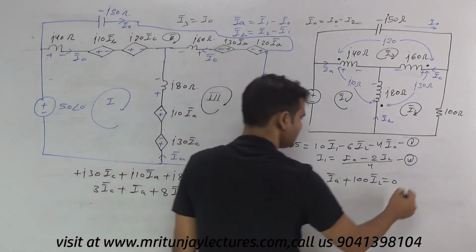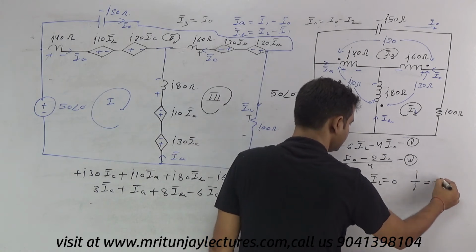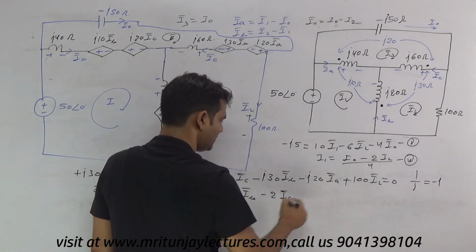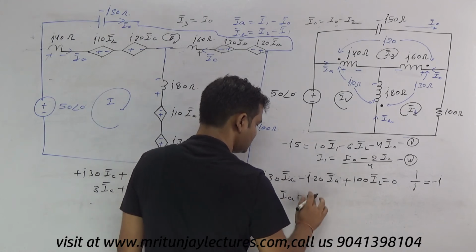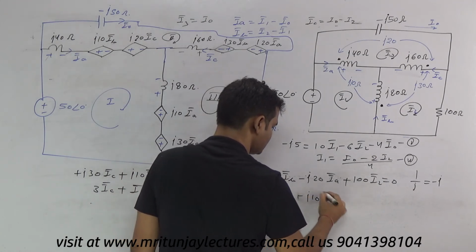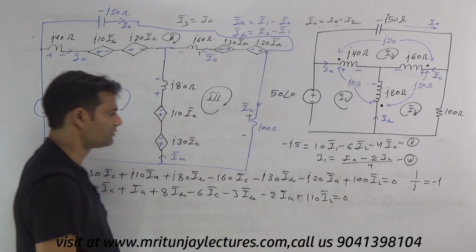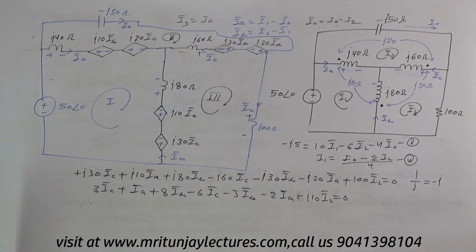If divided by 1 by J means minus J, so minus 10J into I2, this is equal to 0. Clear?